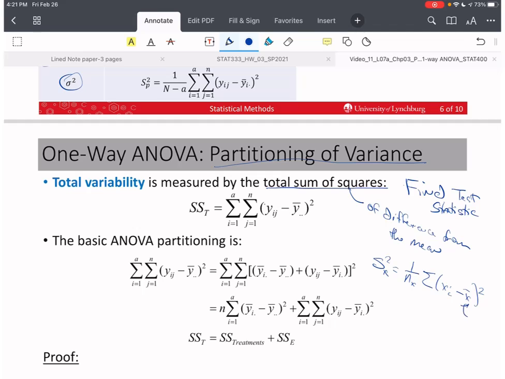This is the mean of the x's, and these are the individual values. Well, now we have y_ij and the overall mean of the whole experiment. So the total sum of squares is going to be subtracting each y_ij, each observation, from the overall mean of the whole experiment.